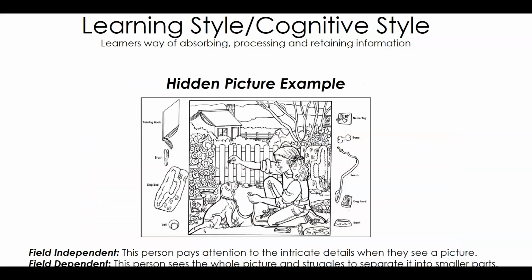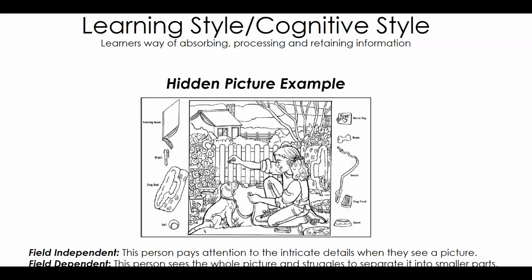So let's look at this a different way. If you were a field independent person and you saw a hidden picture example, do you remember any of these from childhood? My daughter loves doing things like Where's Waldo? So you see a picture and you're trying to find all of these specific little details. The ball, the dog bed, the brush, the leash. If you are field independent, you're paying attention to these intricate details when you see a picture.